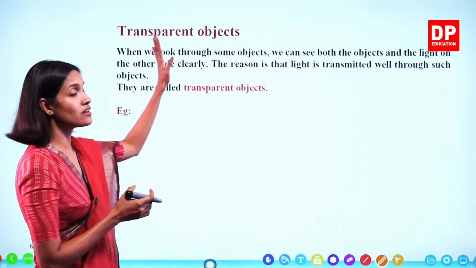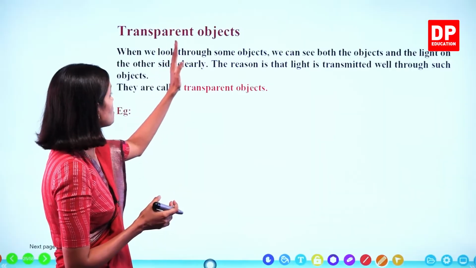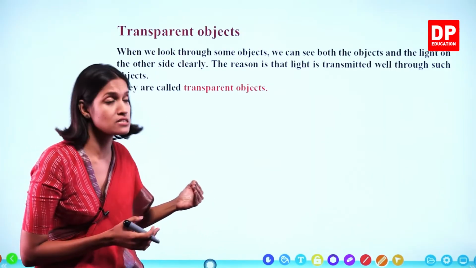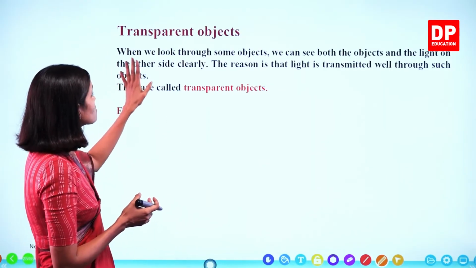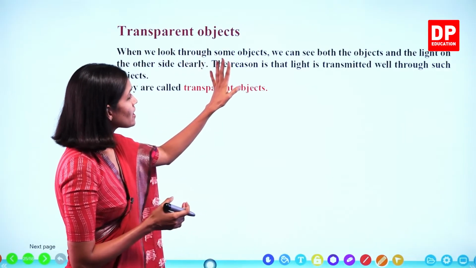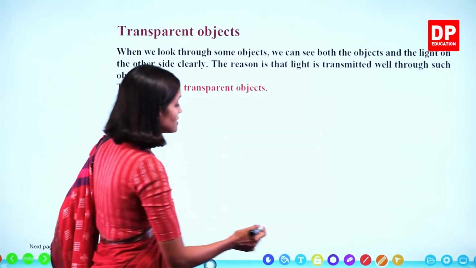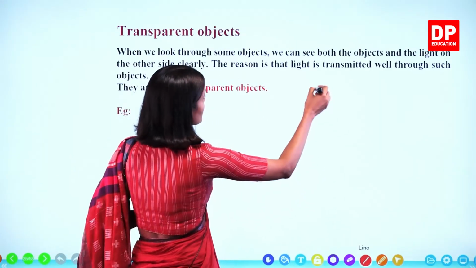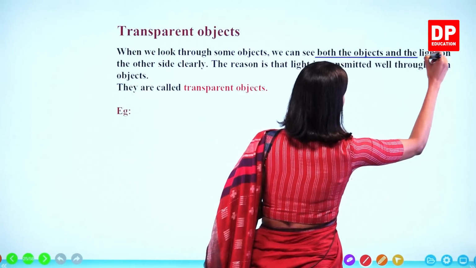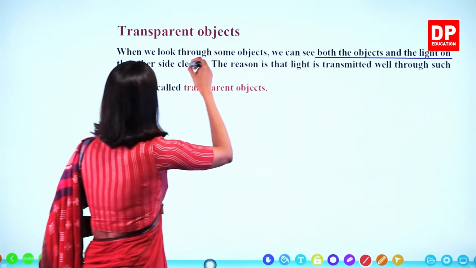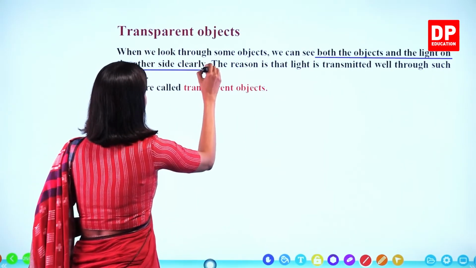Transparent objects, so transparent materials, okay? When we look through some objects, we can see both the objects and the light on the other side clearly.